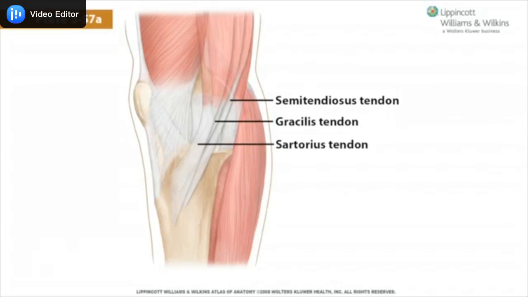The insertion tendons of these three muscles actually merge to form a structure that bears a vague resemblance to a goose's foot, hence the Latin name pes anserinus.